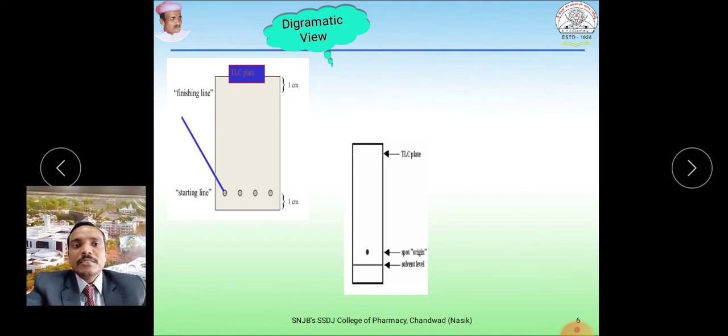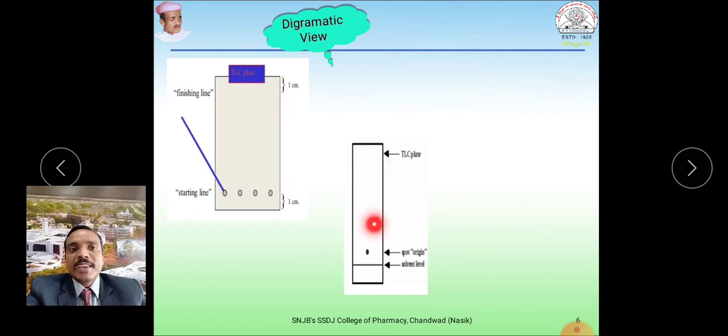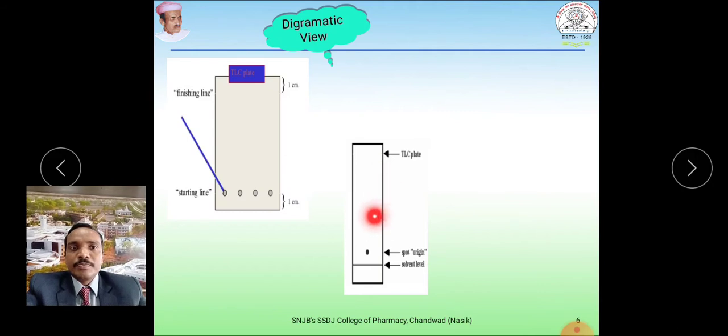And then when this solvent moves on this plate, it will carry away the spot, that component, on this plate. And here there is a role of adsorption or partition chromatography. As this component has more affinity toward the stationary phase, it will slowly run over the plate.